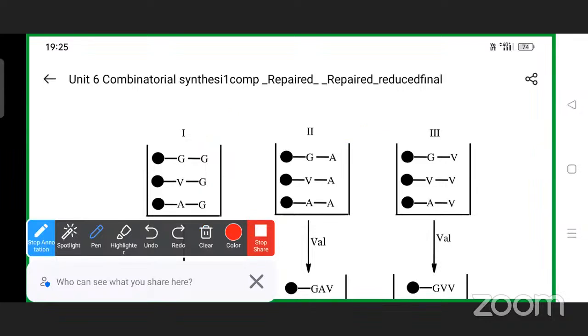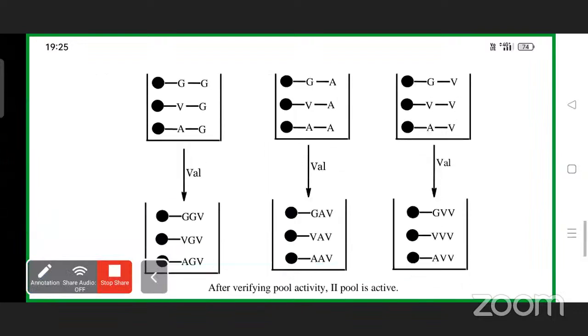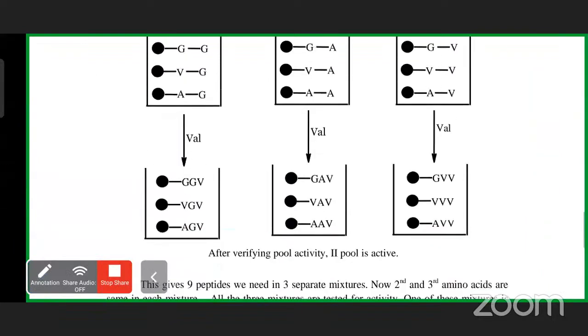And after completion of the reaction, here you see the third, 1, 2, 3, the third step products are preserved. And after completion of the peptide synthesis, simply you add the same amino acid. So in the mixed synthesis, what we are doing is adding 3 different amino acids to these dipeptides here.